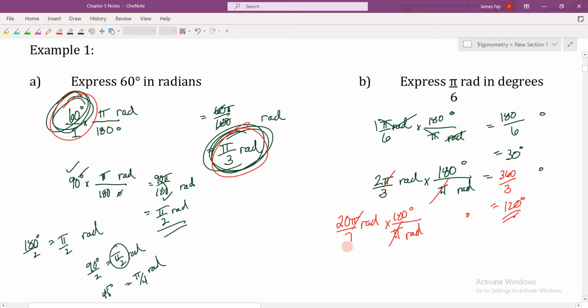The pi is going to cancel, and I get 2 times 18 is 36. I'll have 2 zeros there, and we'll divide that by 7, and that will be, as a decimal, how many degrees 20 pi over 7 radians is.